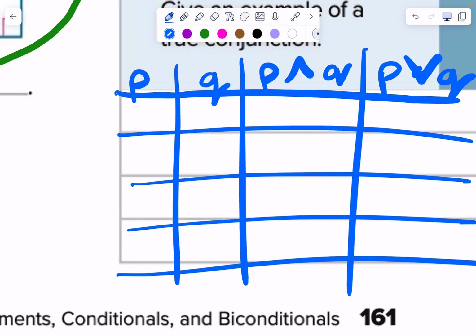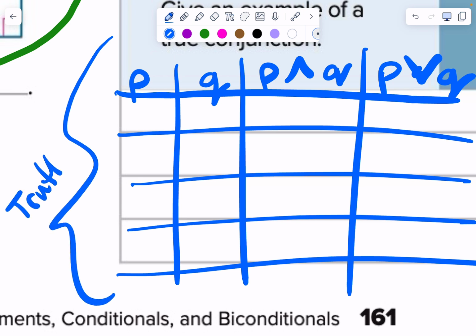This is something called a truth table. We're going to talk about different combinations of what could happen here. I could have P be true and Q be true.